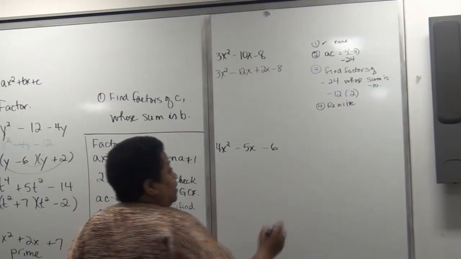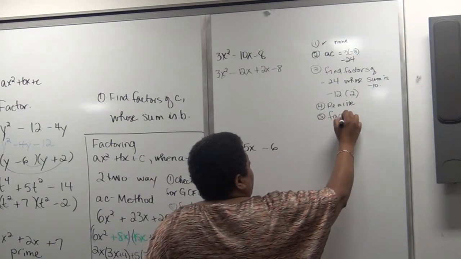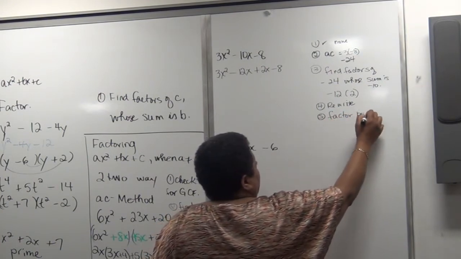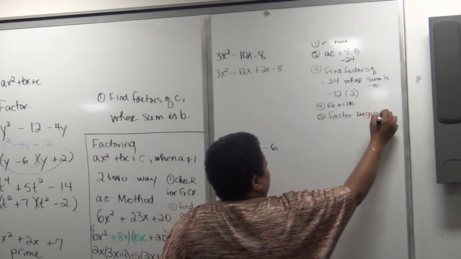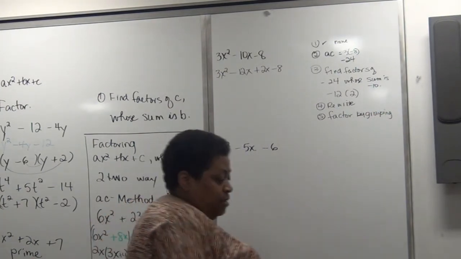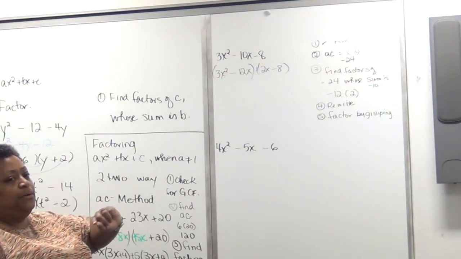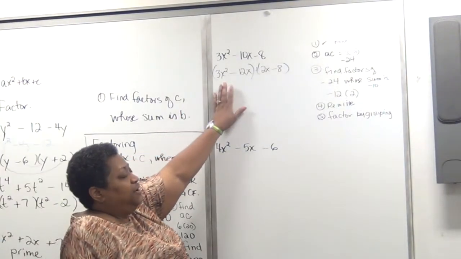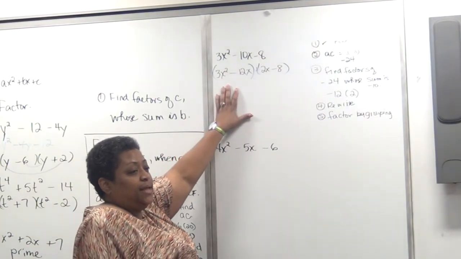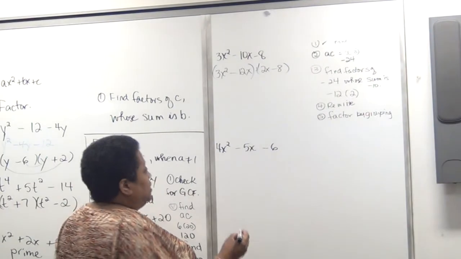Now what? Last step: factor by grouping. So how do we factor by grouping? We find the GCF of the first group, which is 3x.